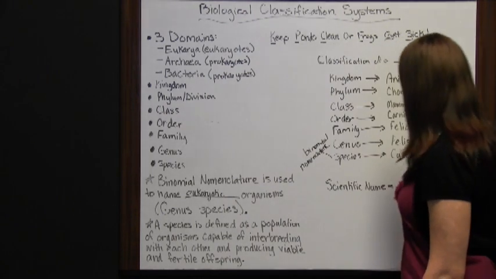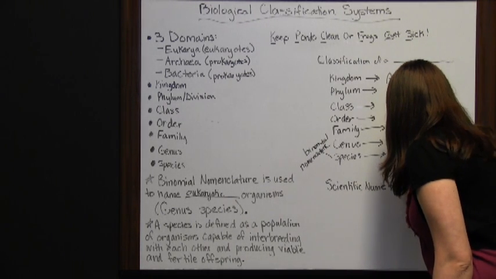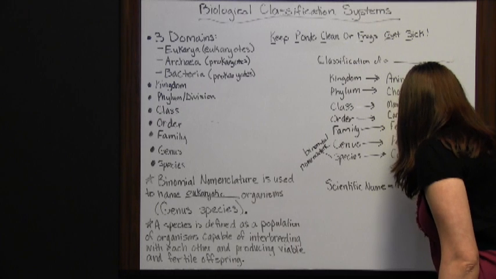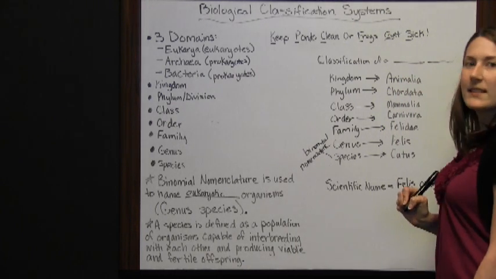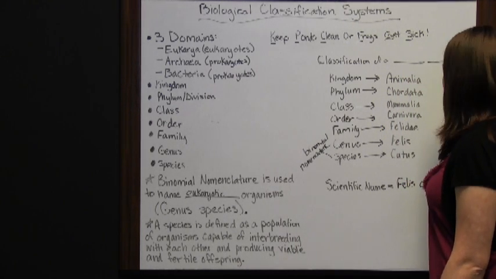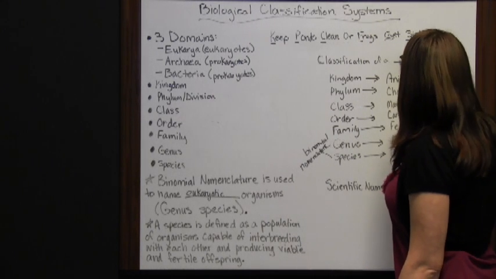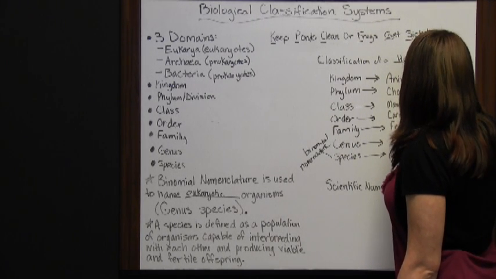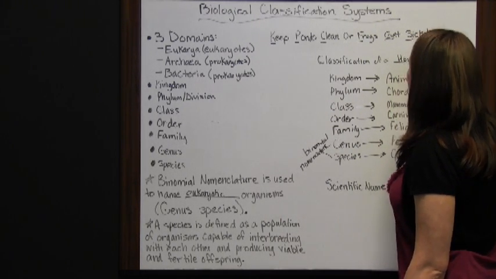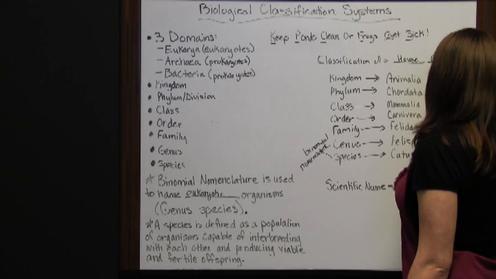And using our genus and species, our creature is going to be known as Felis catus. And what do we think that is? If you guessed a house cat, you are correct. This was the classification of a house cat.